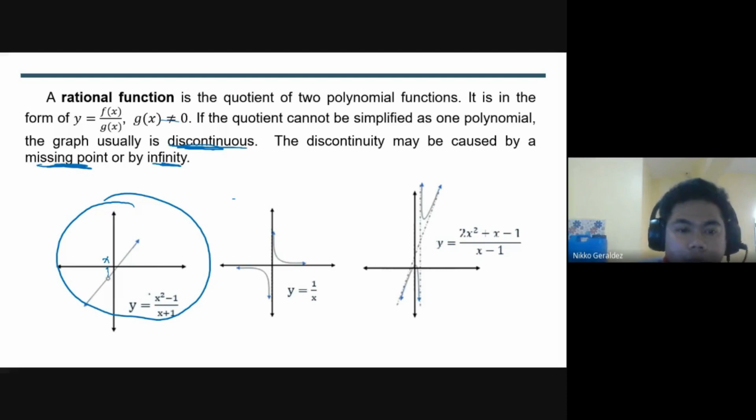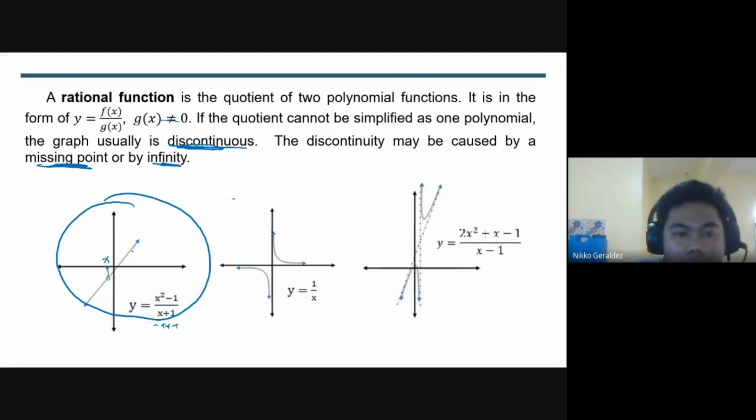Our equation is x squared minus 1 over x plus 1. The number that will make the denominator 0 is negative 1, because negative 1 plus 1 is 0. So negative 1 will make the function undefined.